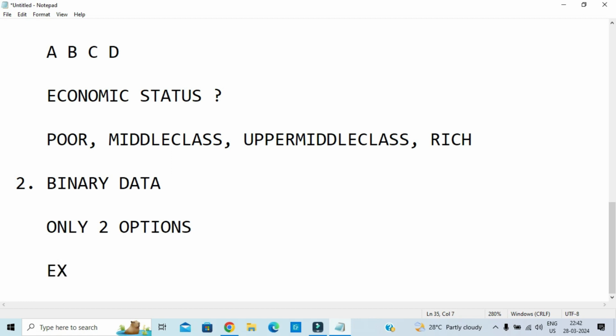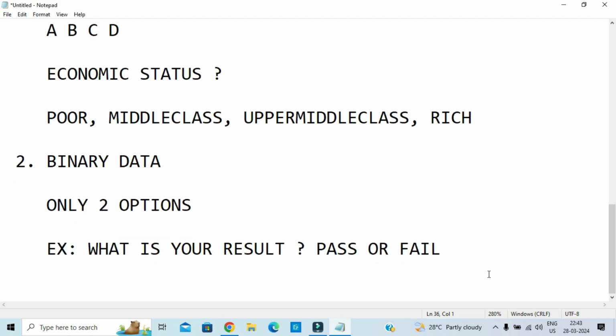Let's see an example. If someone asks what's your result, whether it is pass or fail, you will choose only one option from the two options.